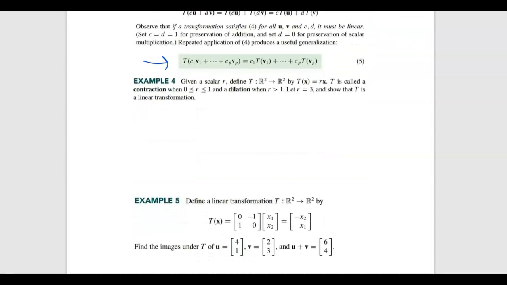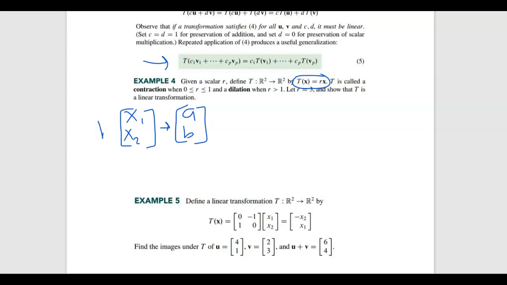So if I just have some scalar r and the transformation is from R2 into R2. Let's remind ourselves what that means. That means I'm taking something (x1, x2) and I'm mapping it into, let's say, (a, b). And so that transformation with that scalar r is r times our x vector.